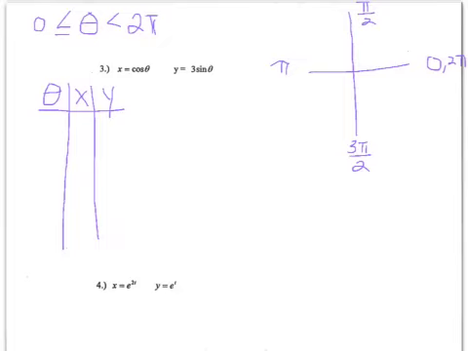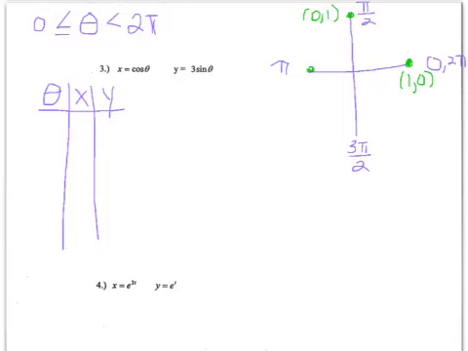Now let's write down what the coordinates are at those trig values so we can easily take the sine and cosine of these angle measures, since that's what we're going to have to do when we fill out our table. So we know that the coordinate at 0 is (1, 0). The coordinate at pi over 2 is (0, 1).